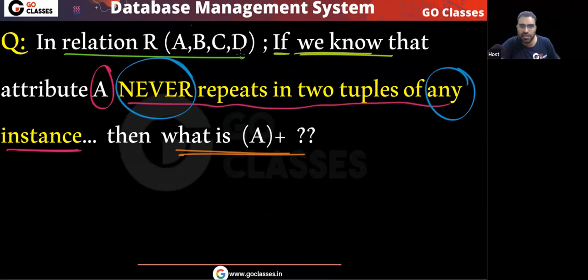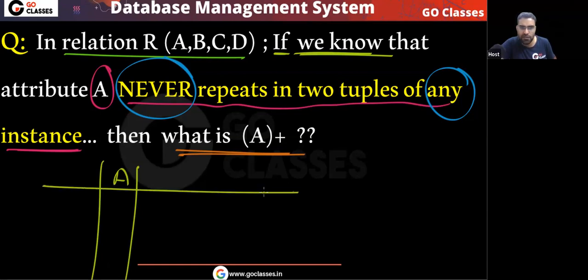In this situation, can I say A will determine everything? Yes or no? We are saying the A value can never repeat. Just focus.